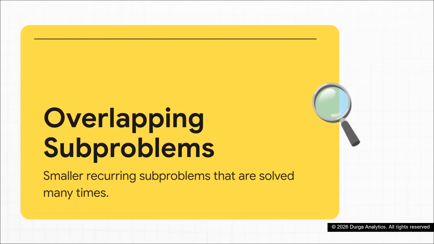If your problem breaks down into smaller subproblems, but those smaller subproblems never actually repeat, like in merge sort, for example, then there is literally nothing to save. Plain divide and conquer is perfectly fine there. But if the identical smaller problems recur many times, like our Fibonacci example, you have overlapping subproblems. That's your first green light.